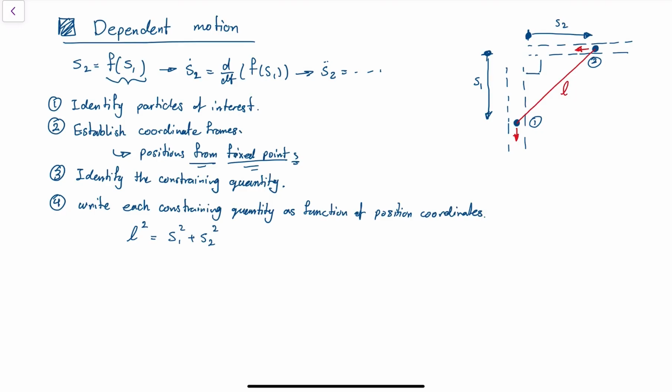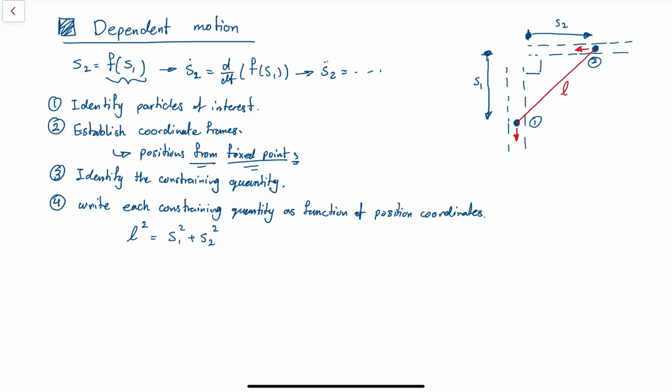Or maybe, if my interest is finding... no, let's keep it as is. So now I have a relationship between position coordinates and this constraining quantity. The next is optional.